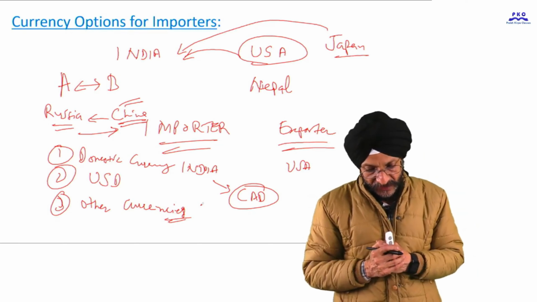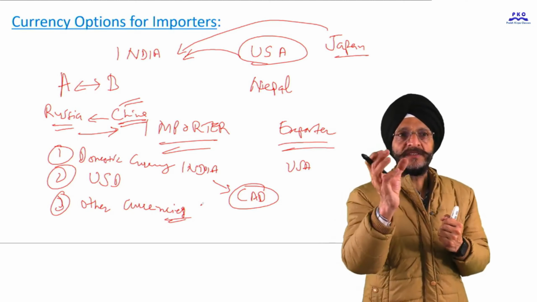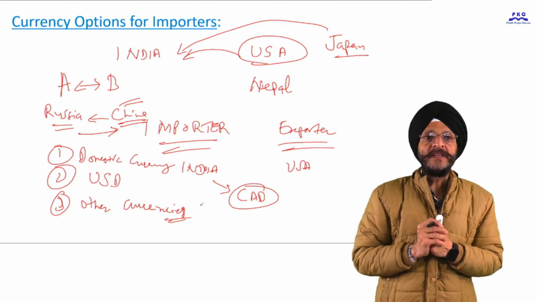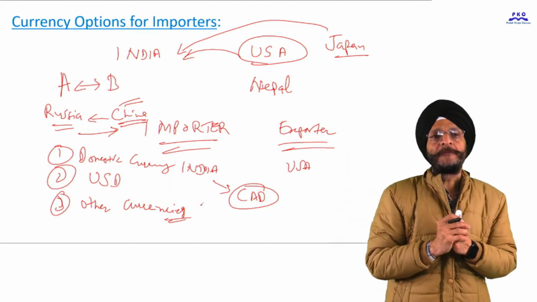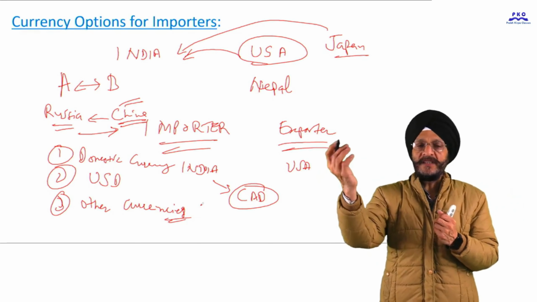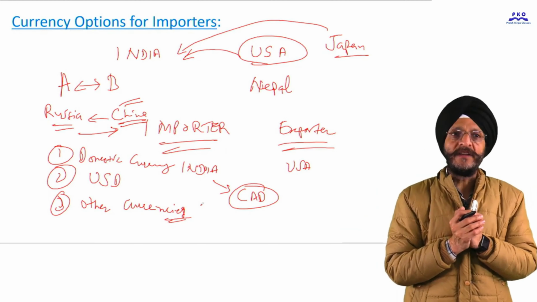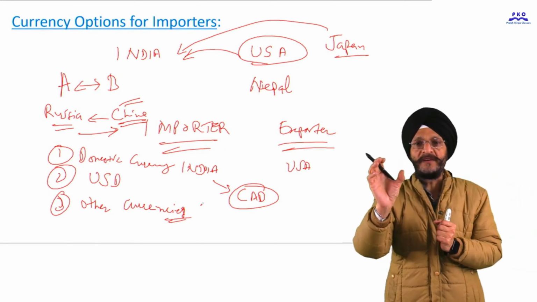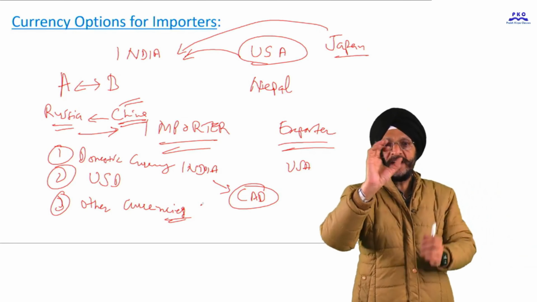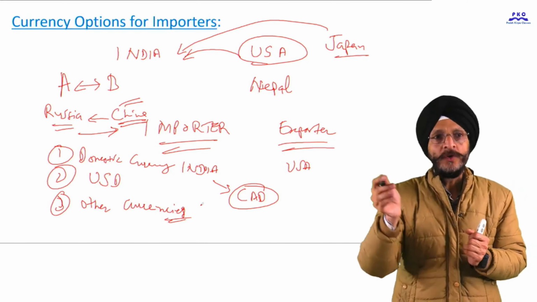Now, there are some factors which influence this choice of currency in which international trade should happen. In case we are in India and we are importing certain goods, then there may be certain restrictions imposed by the central bank of India, that is, the Reserve Bank of India. There may be certain rules and regulations framed with regard to foreign exchange, so we will have to obey the same.